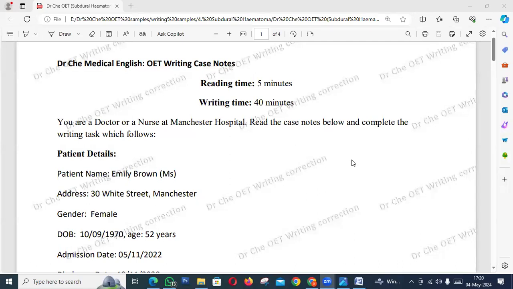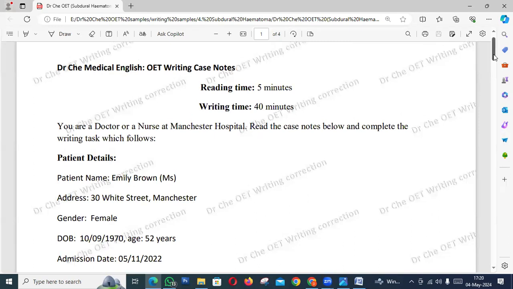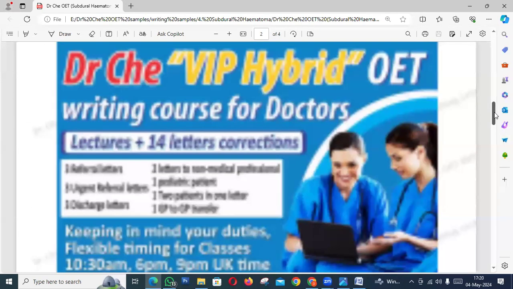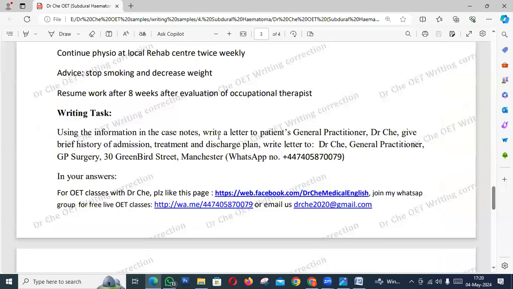For example, if I get these case notes in the real exam, first of all I will quickly go to the task without reading anything else. Here my task is: using the information in the case notes, write a letter to the patient's general practitioner, DrChe.